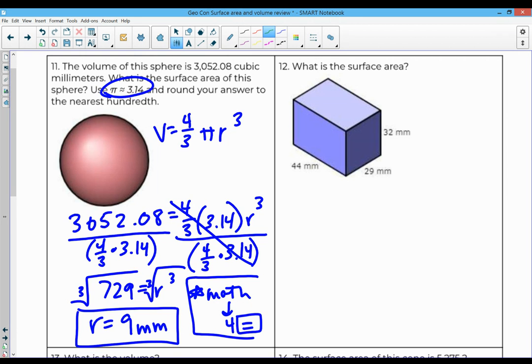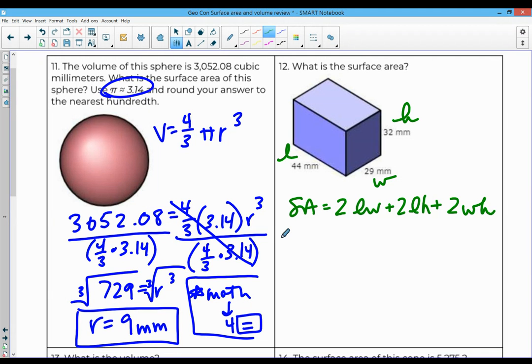All right. Moving right along. What is the surface area? So the surface area is 2 length times width plus 2 length times height plus 2 width times height. And we can call this length, width, and height. Some pretty big numbers, totally fine.